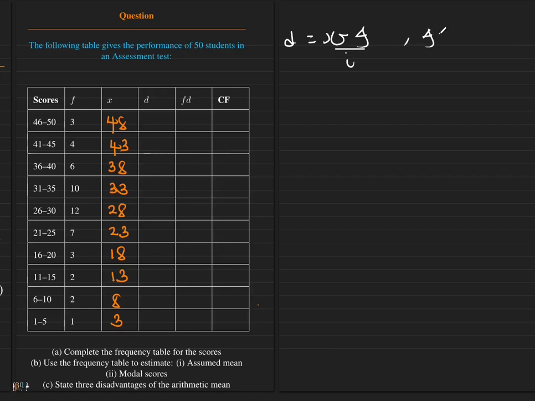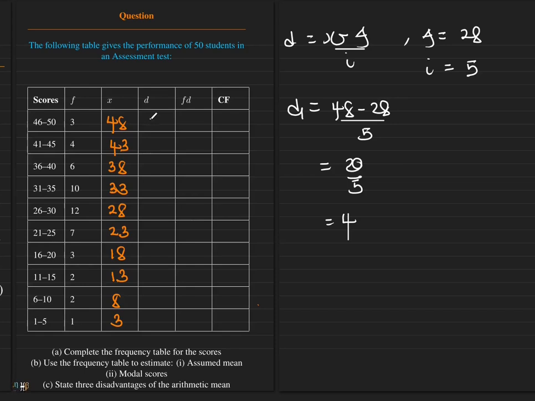We are saying our a is 28, and our i is 5. So for the first one, d1 is going to be 48 minus 28 all over 5. This gives us 20 over 5, and 20 over 5 gives us 4. So that is where we put a 4 here.